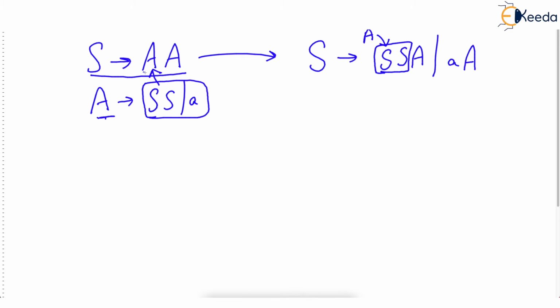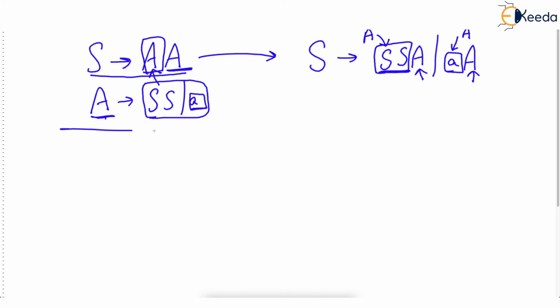So this first A I have replaced with what A derives, and the second A here has been kept as it is. But this small a I got from A derives a. You can check A derives a, and the second A I have kept as it is.